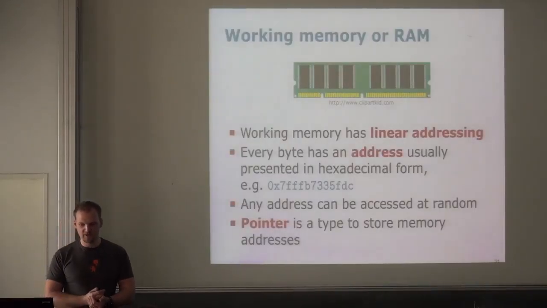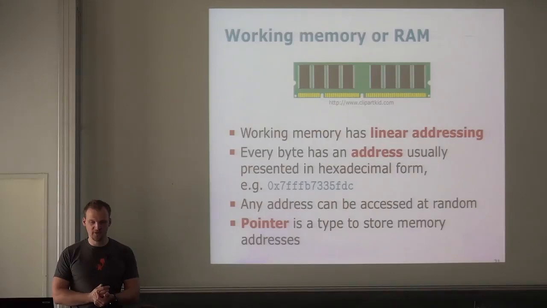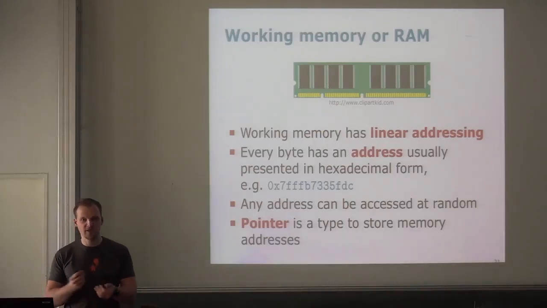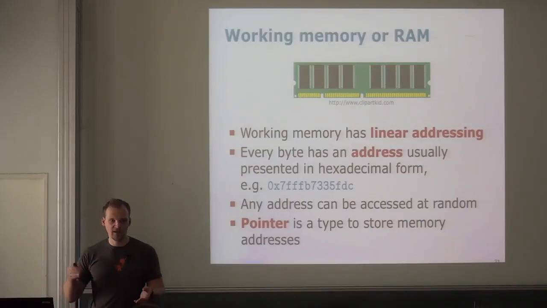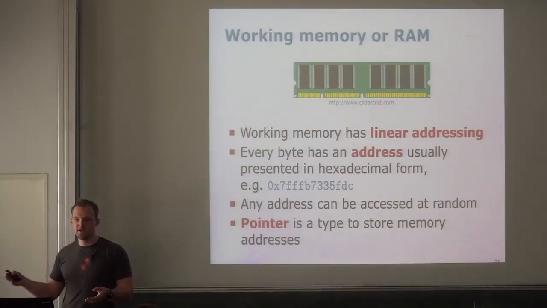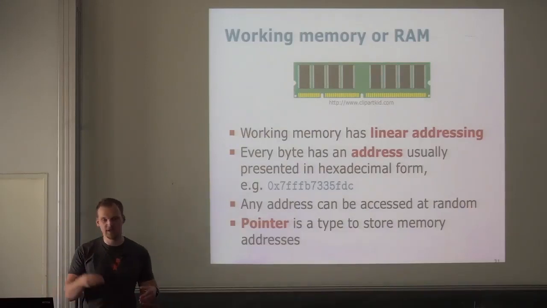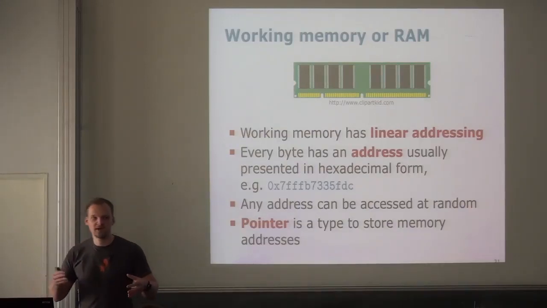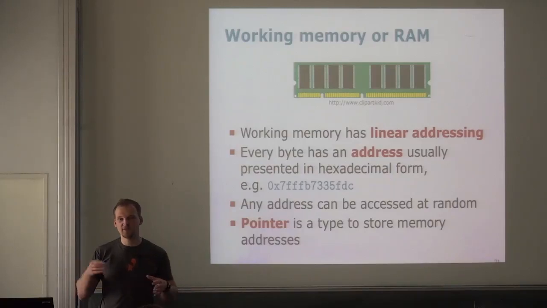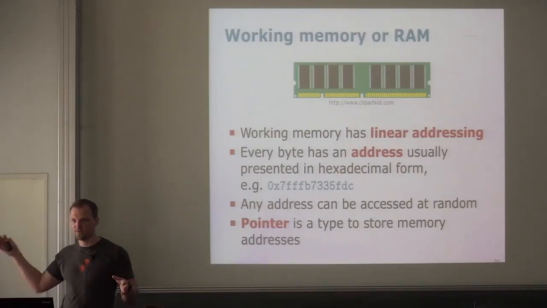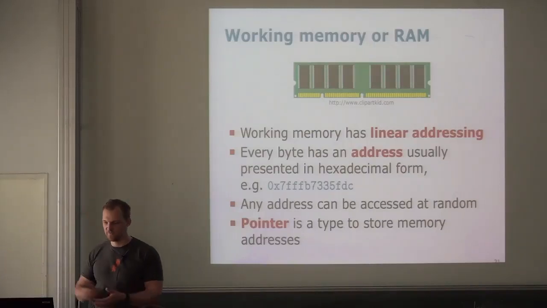Speaking of memory, so memory or RAM. RAM stands for random access memory. It means that we can read and write to any single byte in the memory independently. So if I want to write now into the byte 0, well, I can't write in the byte 0, but say into byte 10,000, I can write into byte 10,000. If I want to write into byte 2 billion, I can write into byte 2 billion.